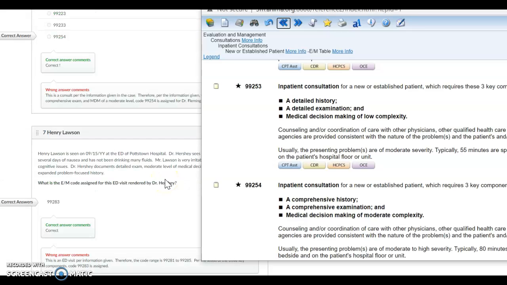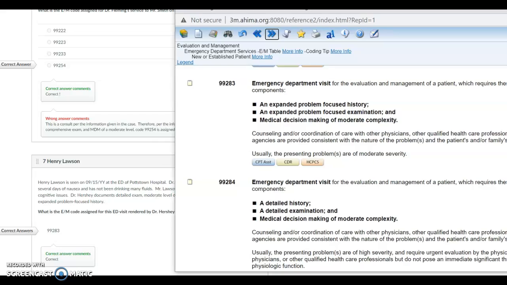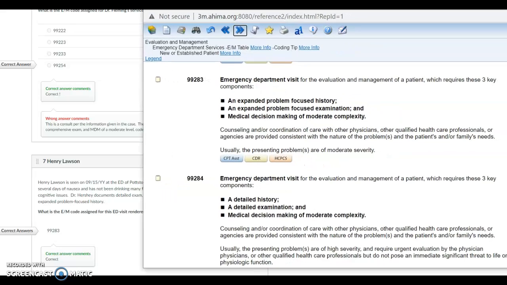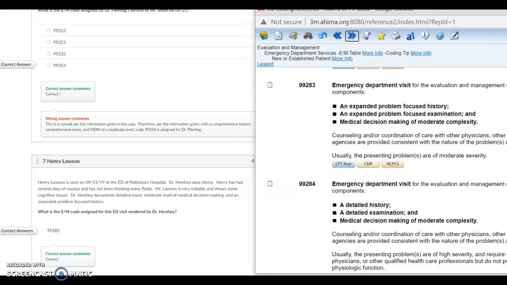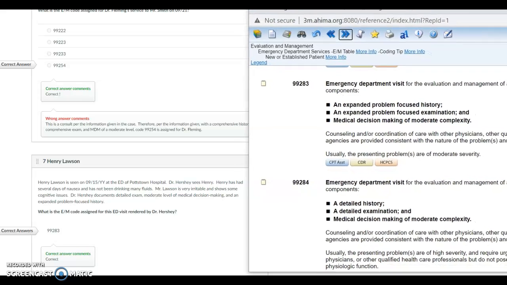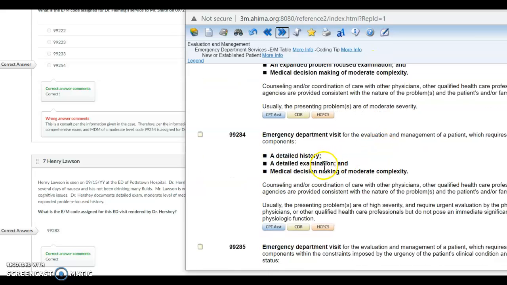Okay, so the last one here is an emergency room. With an emergency room, once again, we need 3 out of 3 key components. We need all three. So this patient here, we have a detailed exam right here at a 99284.